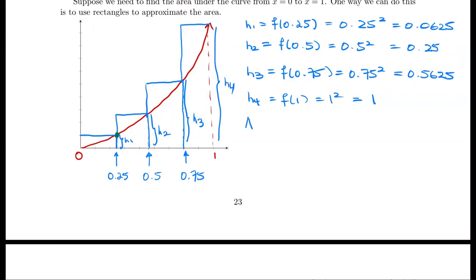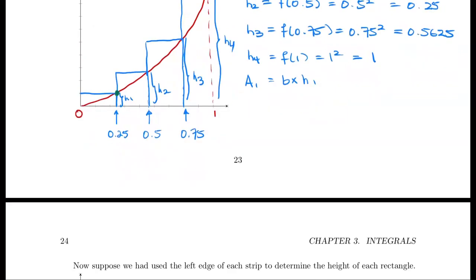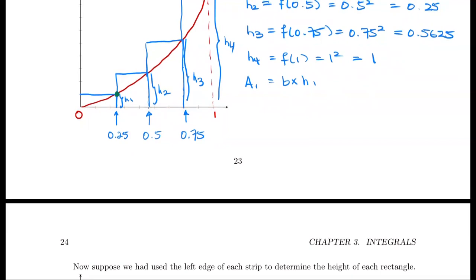Call A1 the base multiplied by h1. Since I divided the interval between 0 and 1 equally, the distance from 0 to 0.25 is the same as from 0.25 to 0.5, then 0.5 to 0.75, and then 0.75 to 1. So all of them are of equal distance, which means the base is going to be 0.25 for all.